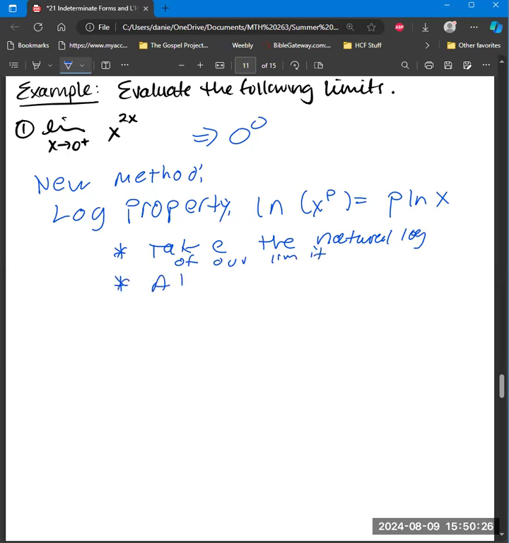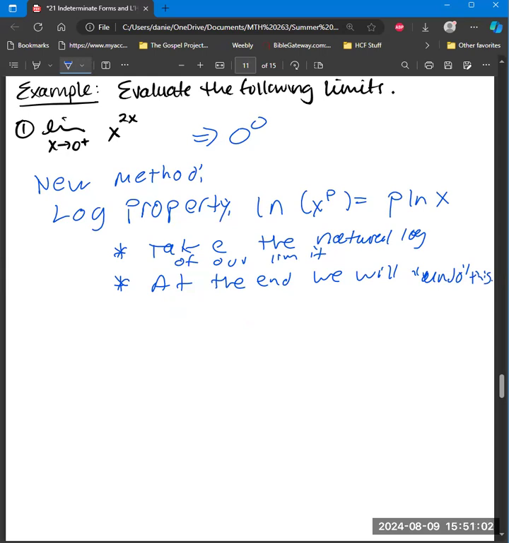At the end, we will have to remember to undo this by raising each side, e to the x side. I'll show you how we'll use the exponential function to undo the natural log.